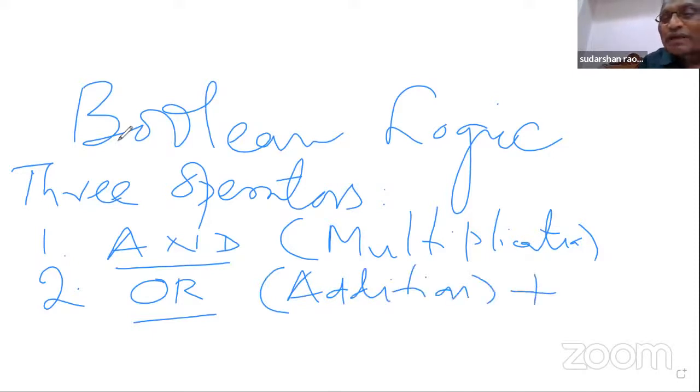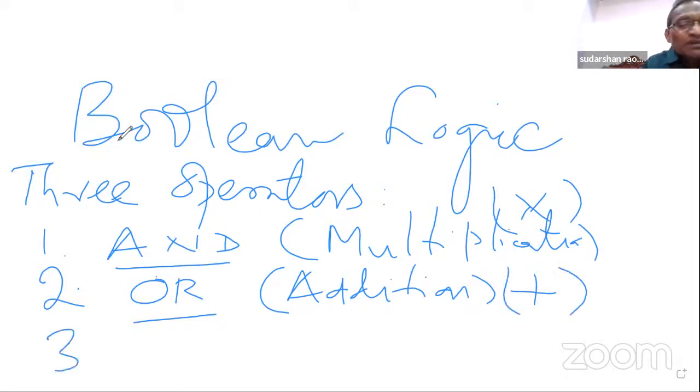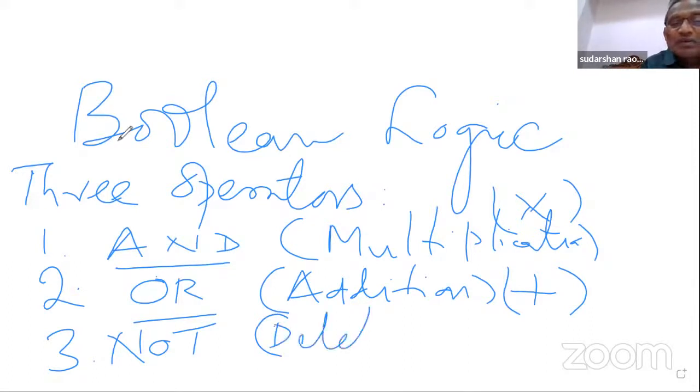This is plus, this is multiplication. AND is multiplication, OR is plus. Then the third operator is NOT. This is deletion or minus. We don't want this. The symbol is minus.